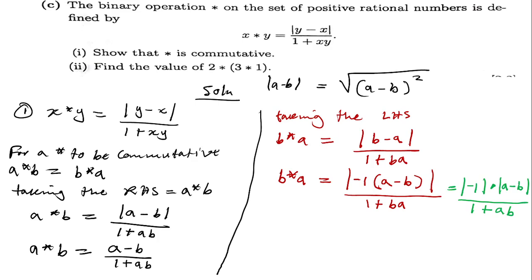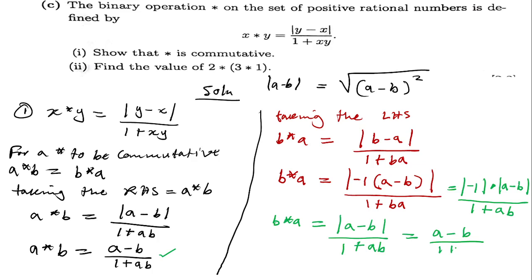So after you do that, B star A is simply equal to the modulus of -1, which is 1. So this will simply be the modulus of A minus B over 1 plus AB. And this is equal to what we had here, which is A minus B over 1 plus AB.